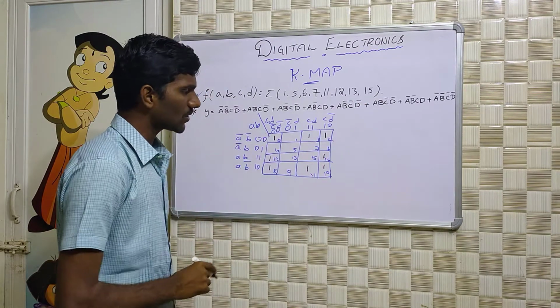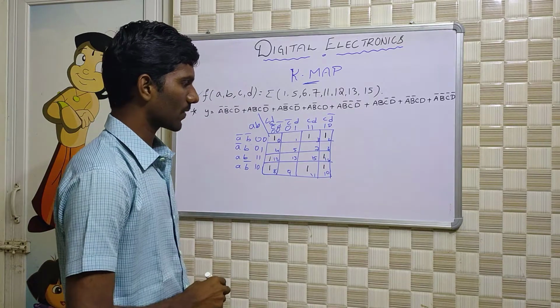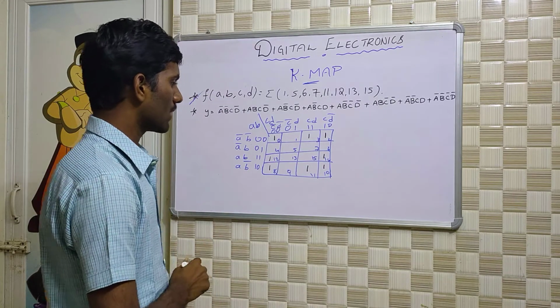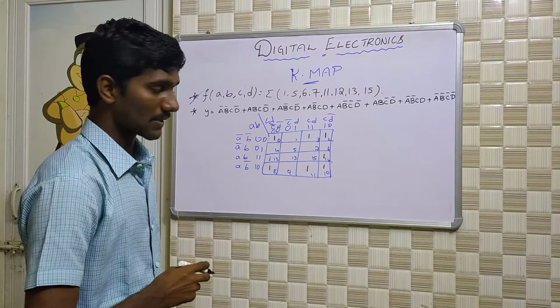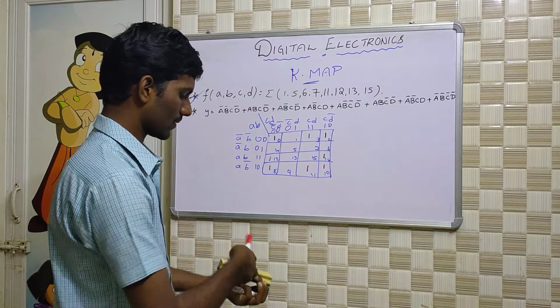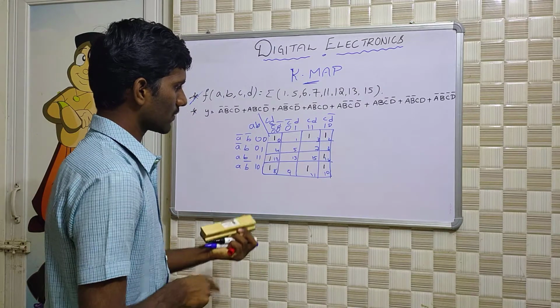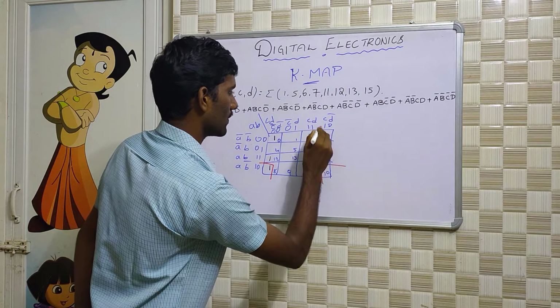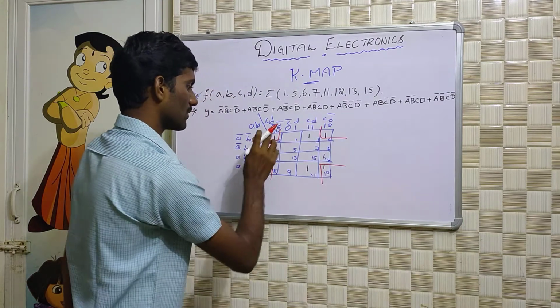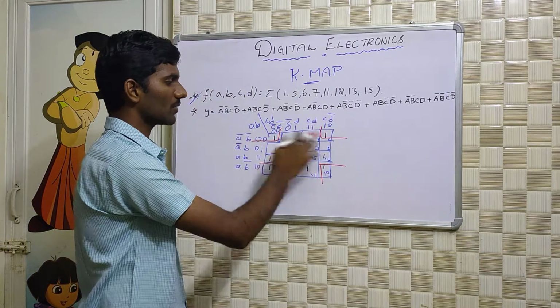Here also we need to check, is there any 8 combinations? There is no 8 combinations. The next one is we need to check, is there any 4 combinations? Yes, there is 4 combinations. These are also adjacent to each other.